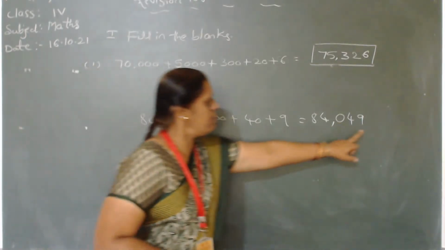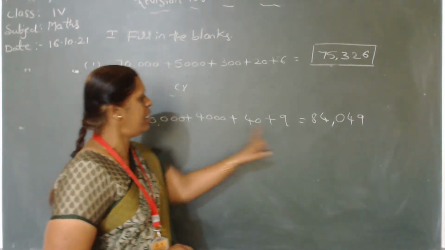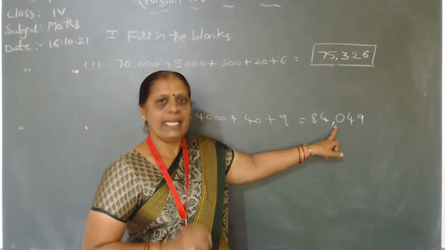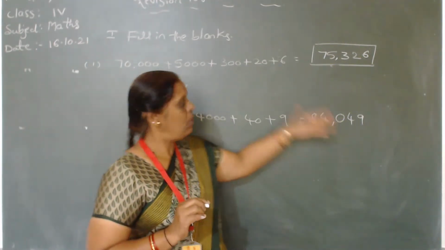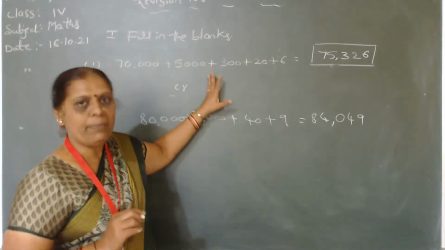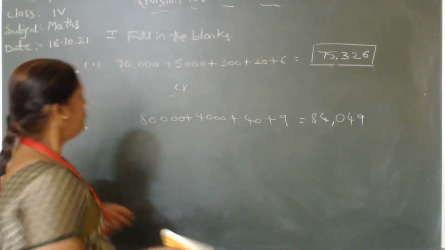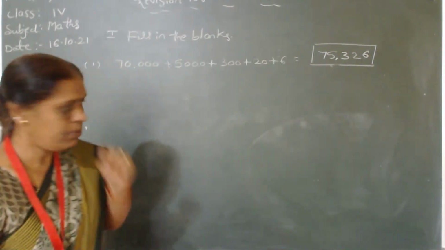So the 5-digit number we get is 84,049. Here no number is given in the hundreds place, so you have to put 0 in that place. Observe the number, then write the numbers. This is about the expanded form.